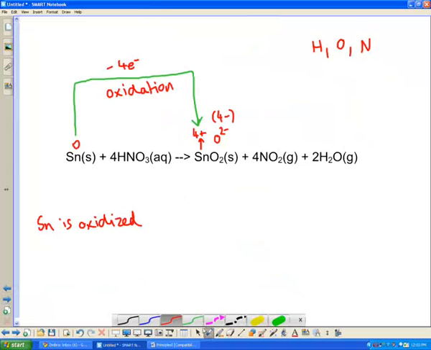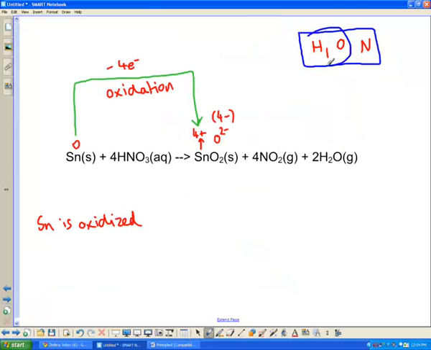If you have a choice of several elements in terms of which is reduced, and you have hydrogen and oxygen as 2 of your options, these will usually not be the ones reduced. It's usually going to be the other species. Alright? However, that's not always the case. Let's just check.